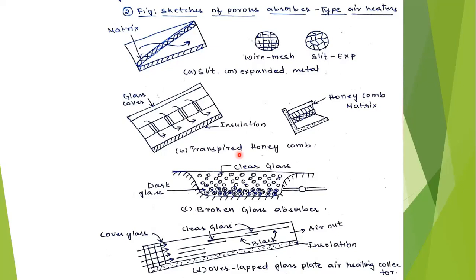The cool air stream introduced from the upper surface of the matrix is first heated by the upper layers, which are cooler than the bottom layers. And next, the air stream warms up while traversing the matrix layers. While it is going through the matrix layers, the air gets heated.